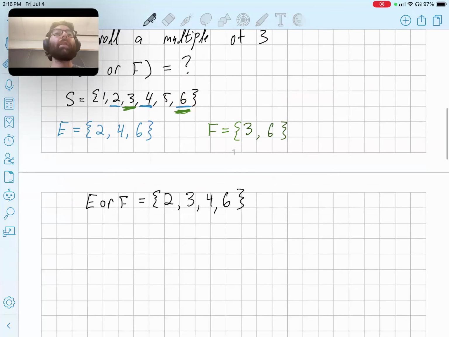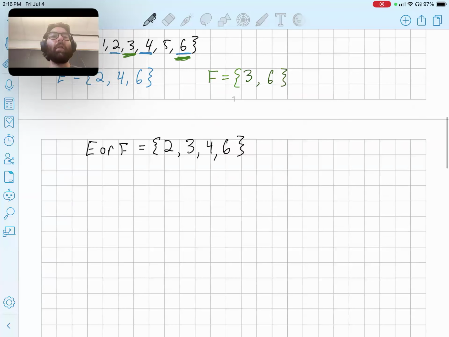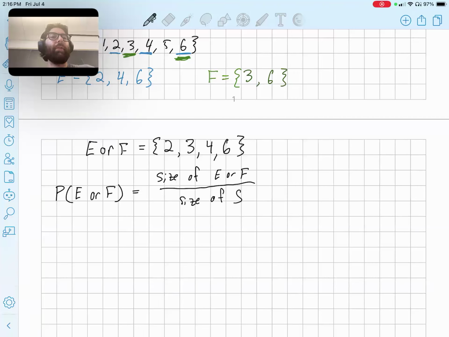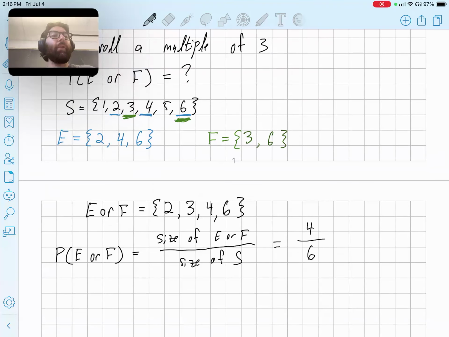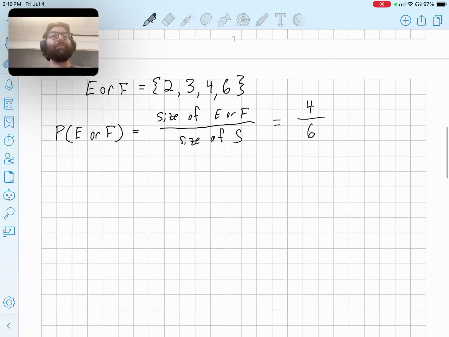Now we have the subsets for E, for F, and for E or F. We can directly find the probability of E or F. This is the size of E or F divided by the size of S. We've got 1, 2, 3, 4 things in E or F, and there are 6 outcomes in S. And so the probability is 4 out of 6.